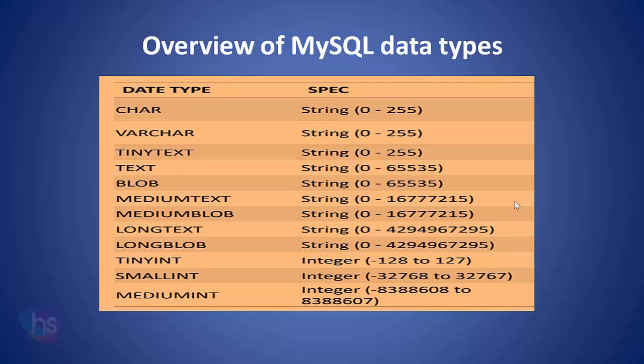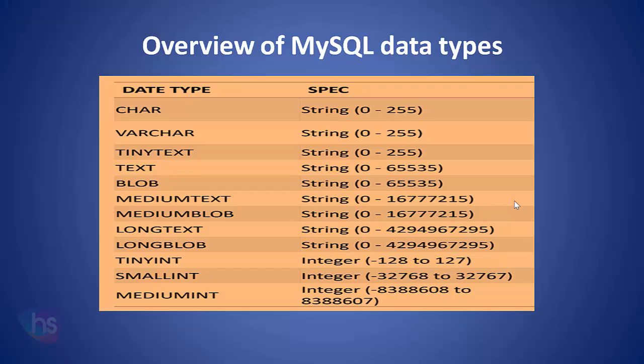Mostly we will choose blob to store images in the MySQL database table; the column where we are going to store images uses blob as the data type in MySQL. And medium text, see how long it is. And medium blob, long text, long blob. If it is a large image, with high resolution, you can use long blob.